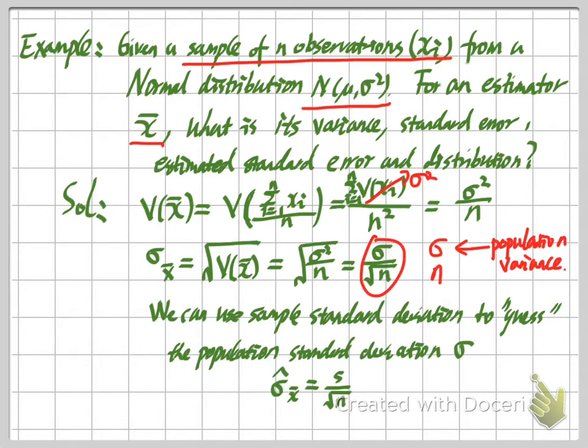Sometimes they also use SE for this. This is the estimated standard error of the estimator x bar.